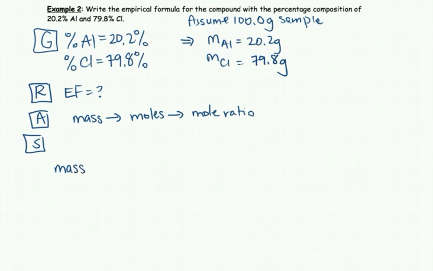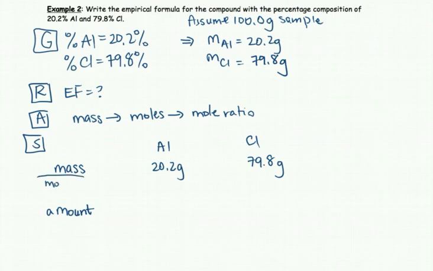For the mass, we know the aluminum contributes 20.2 grams for a 100-gram sample, and chlorine is a 79.8 gram mass here. Then we need to get to moles. In order to get to our amount in moles, we need to divide by the molar mass.